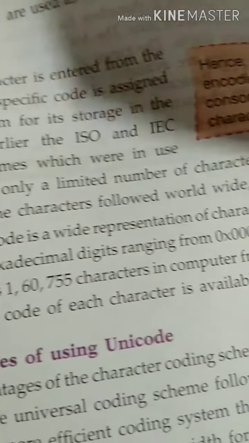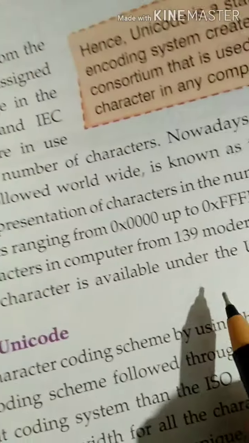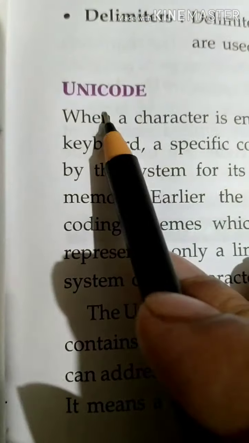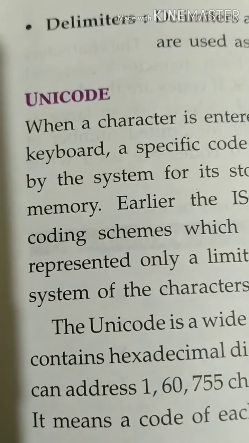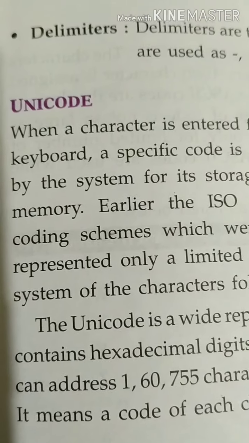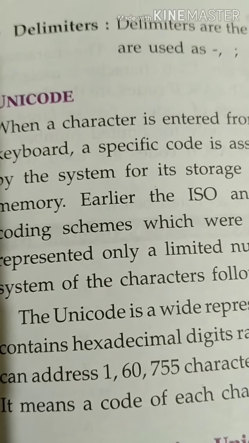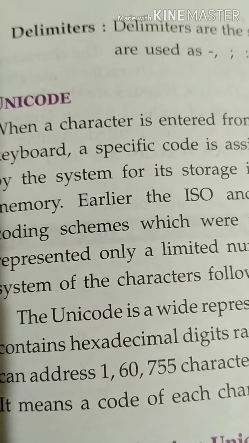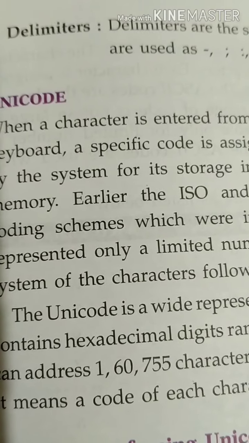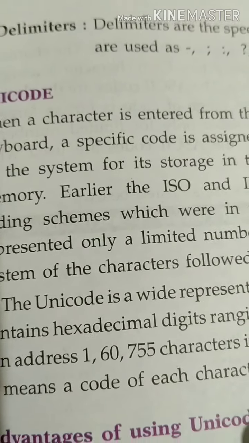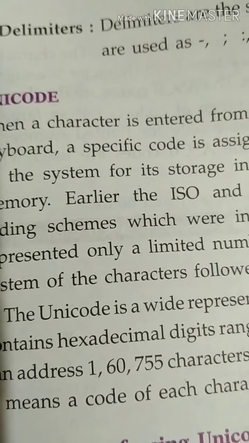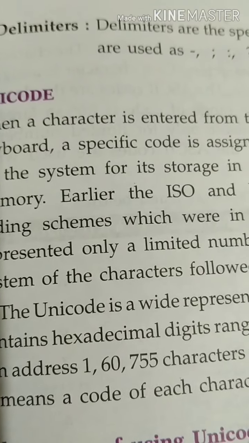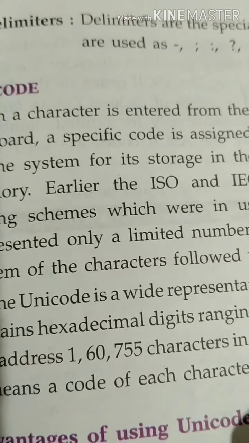Which is a huge amount, and we write this Unicode in hexadecimal numbers. Hexadecimal numbers, students, means 0 to 9 and A to F, total 16 digits are there, and their base is 16.